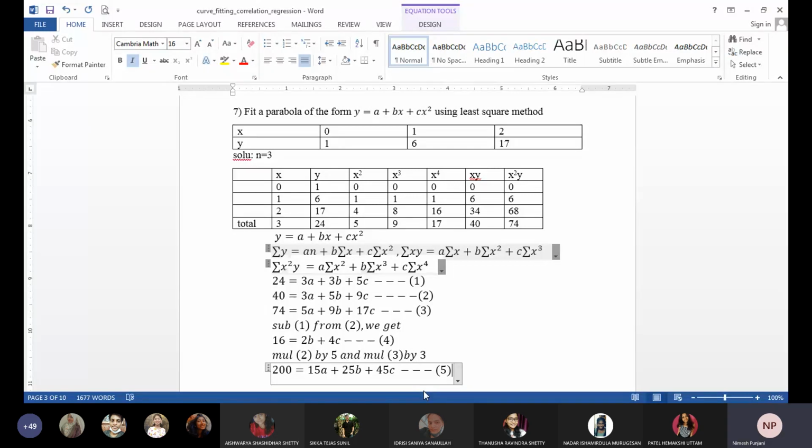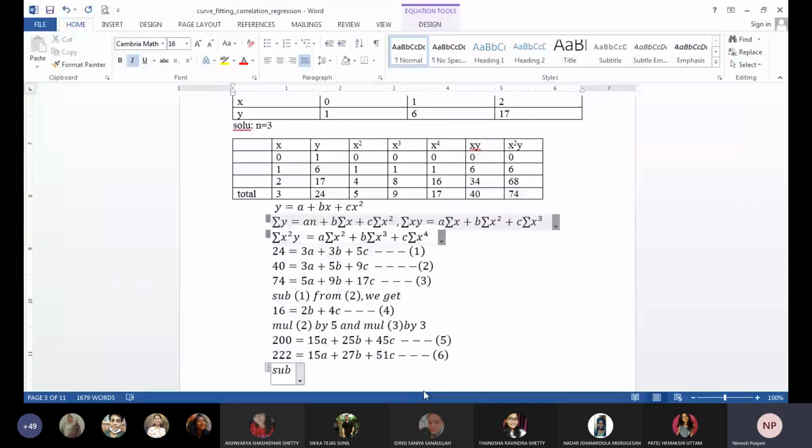Then I will multiply equation 3 by 3, so 74 becomes 222, 15a, 27b, 51c. This is my equation 6. Now subtract 2 from 3.